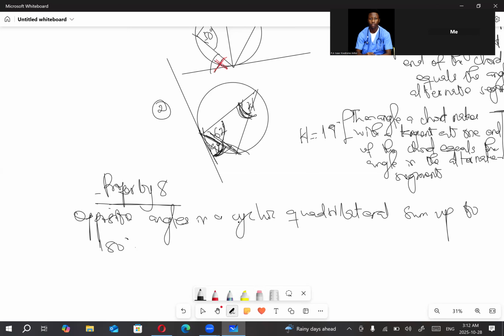Opposite angles in a cyclic quadrilateral sum up to 180 degrees. So let me know when you are done writing.